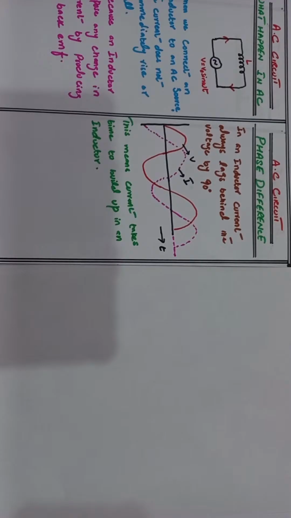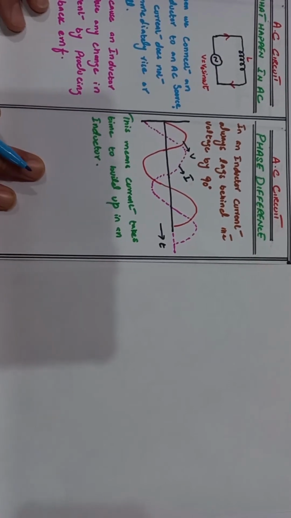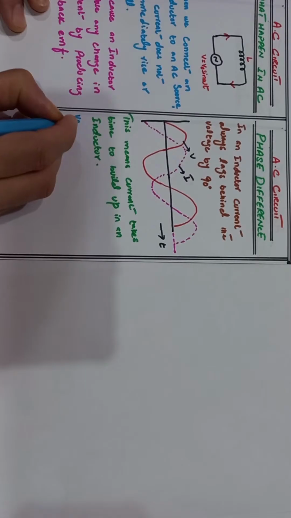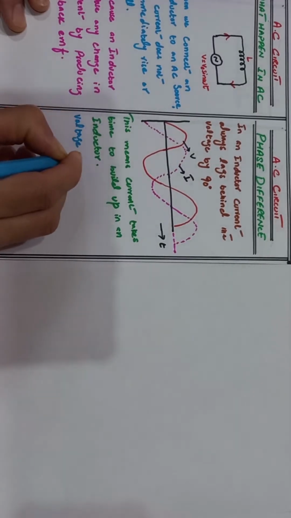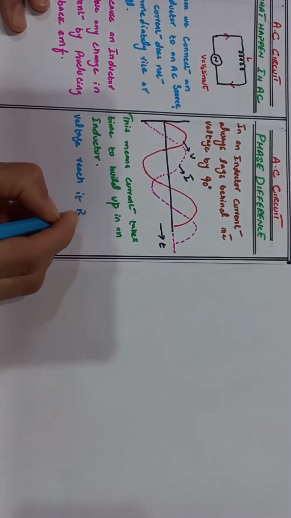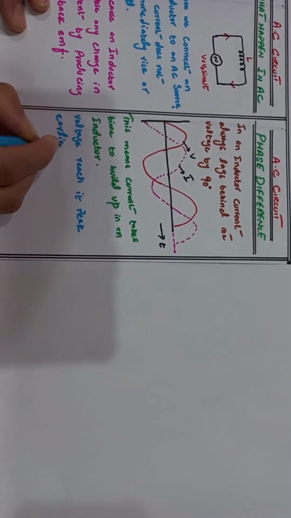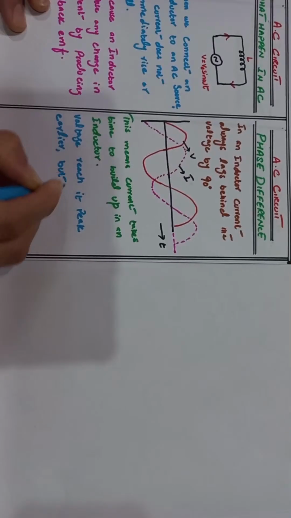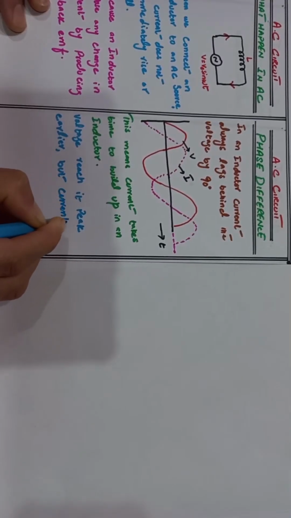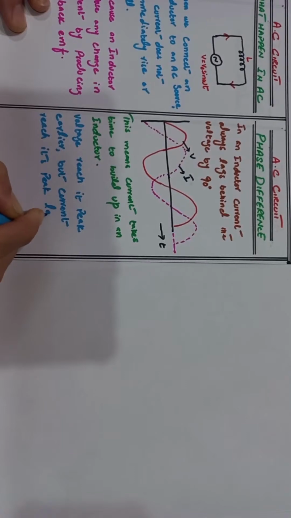So here we write that voltage reaches its peak earlier, but current reaches its peak later.